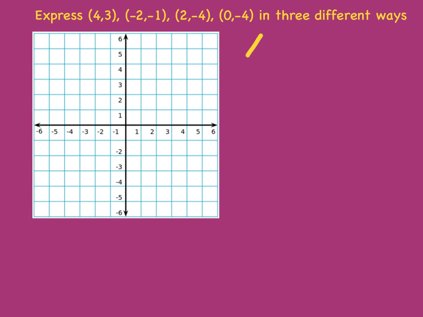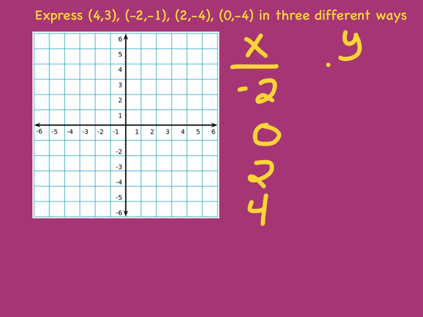So in my x, I'm going to go numerical order: -2, 0, 2, and 4. My y values are -1, -4, and a 3, and I should have gone in order. All right, and when I'm mapping, I need to connect them.